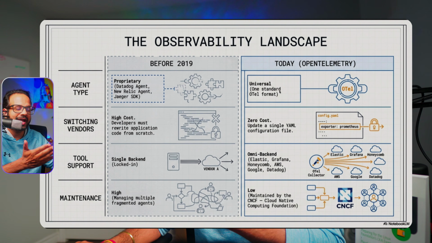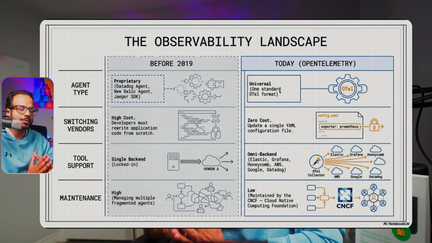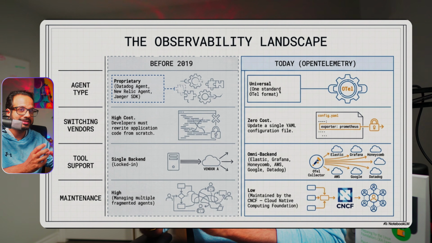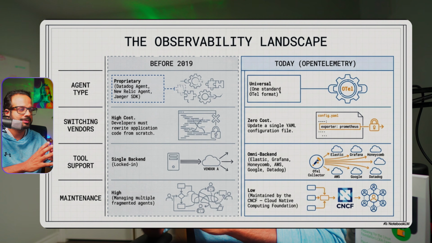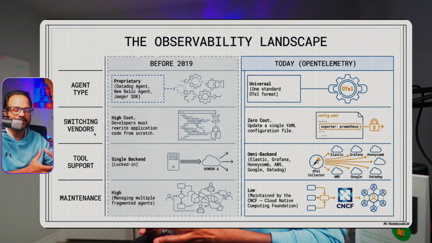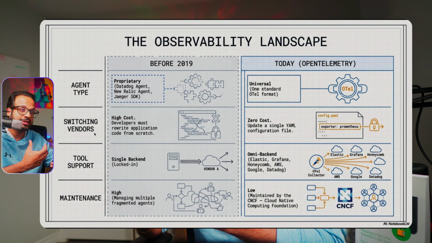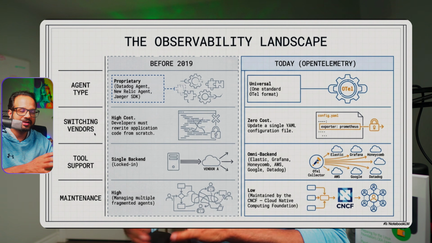Right now we have one universal standard format, because this is the OpenTelemetry protocol. This is a standardized protocol that is being used by all the applications. It supports every single application. Earlier, we used to be switching between multiple vendors, like Datadog, New Relic, Honeycomb, and whatever, right?